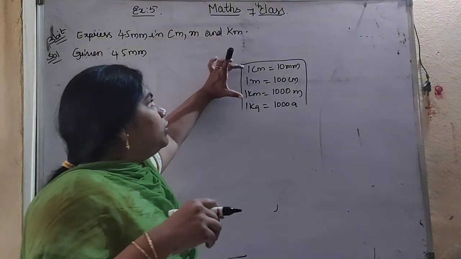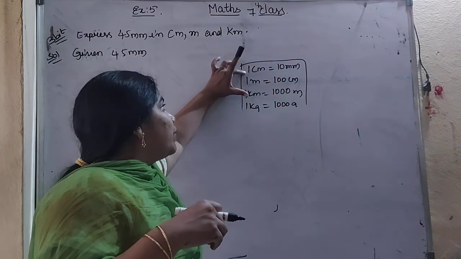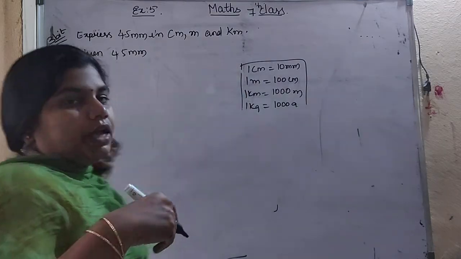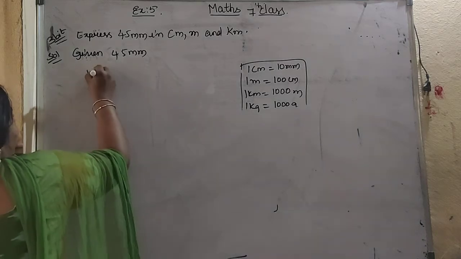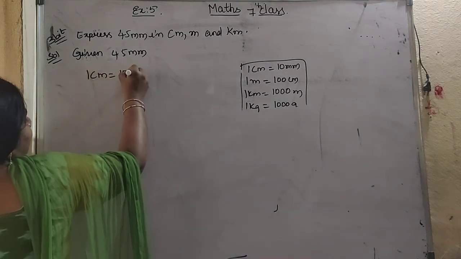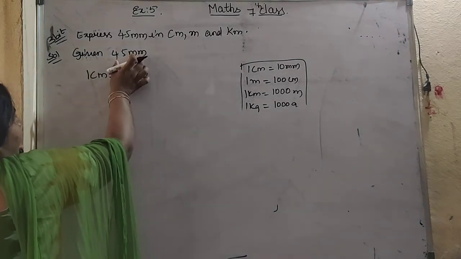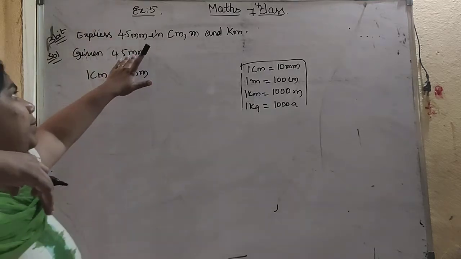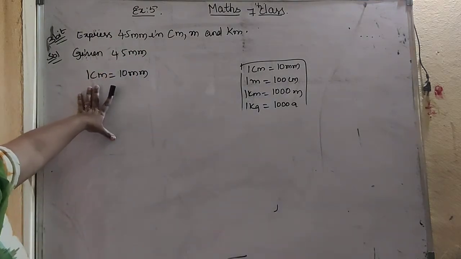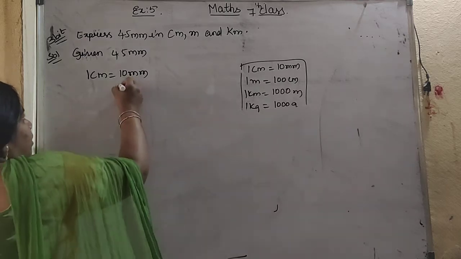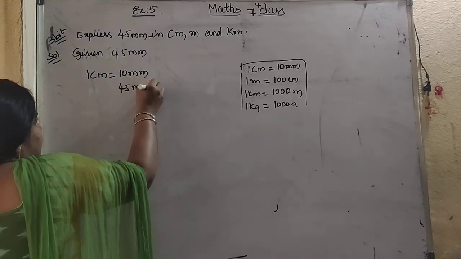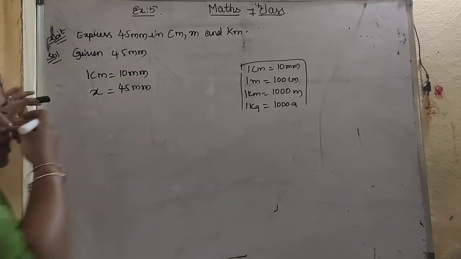Which conversion can we use? The first conversion we can use is 1 centimeter is equal to 10 millimeters. We have to find how many centimeters 45 millimeters is.